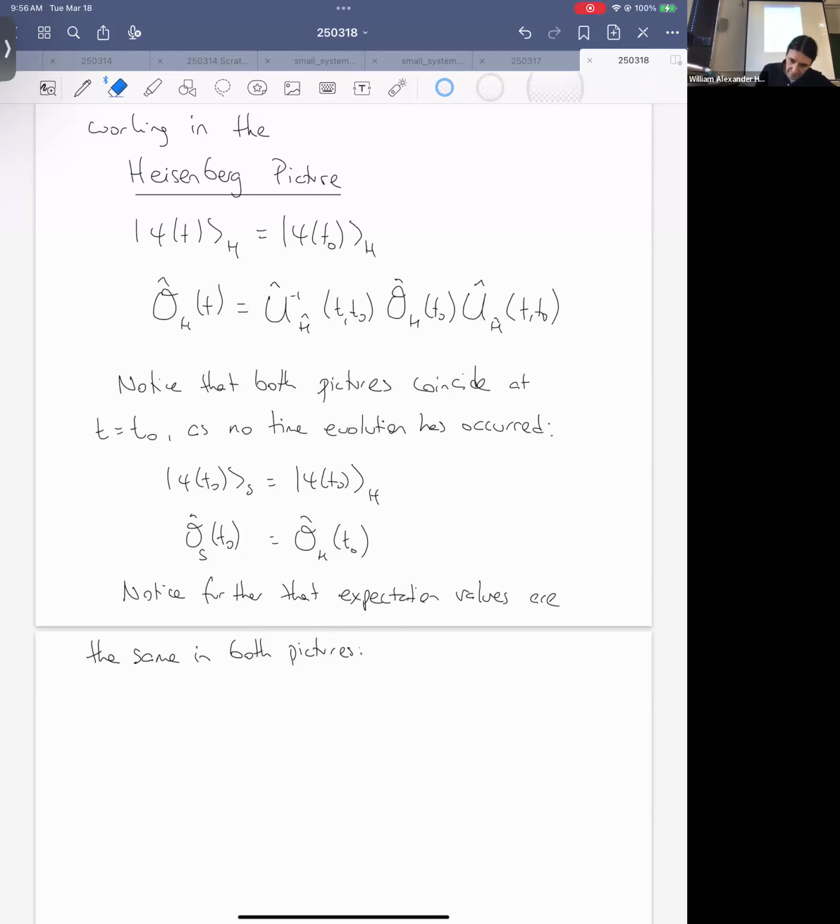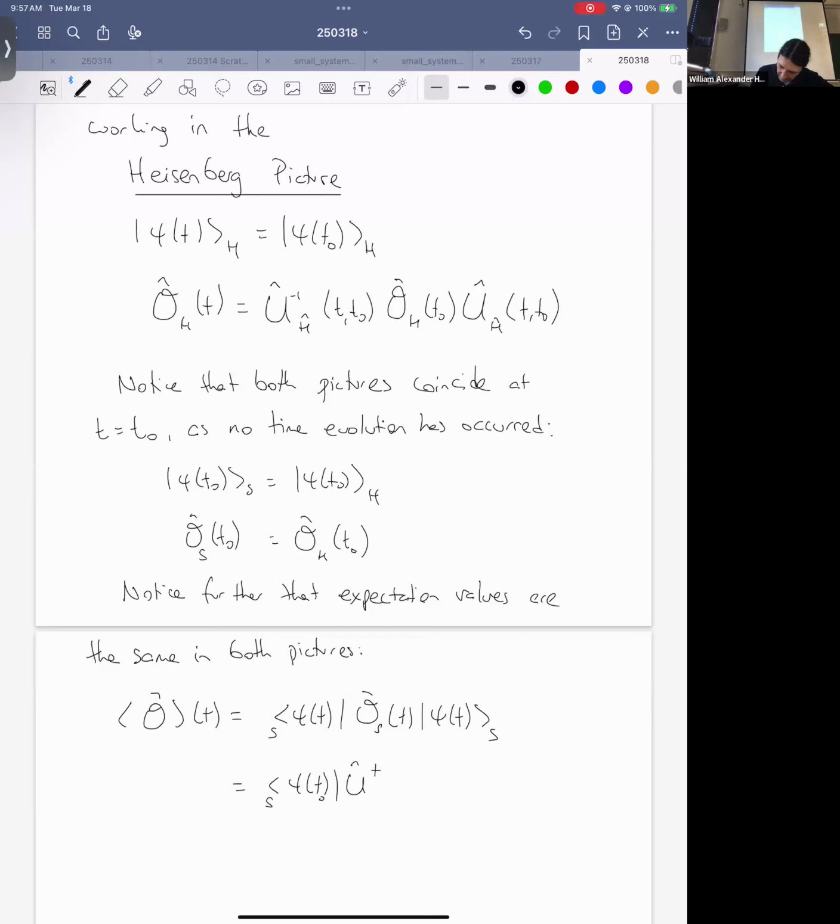So if I have the expectation value of some operator at some time t, this is the state at time t in the Schrödinger picture, operator at time t in the Schrödinger picture, state psi at time t in the Schrödinger picture. And we said that in the Schrödinger picture, time evolution occurs on the states, but not on the operators.